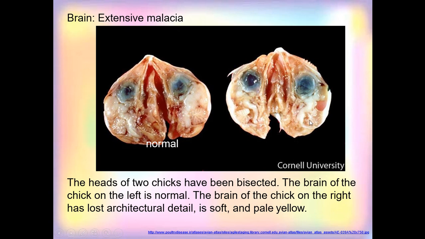However, here, damage of the brain in the case of avian encephalomyelitis can be seen. This is extensive damage in the cerebrum and also in the cerebellum. It makes the brain size become smaller.